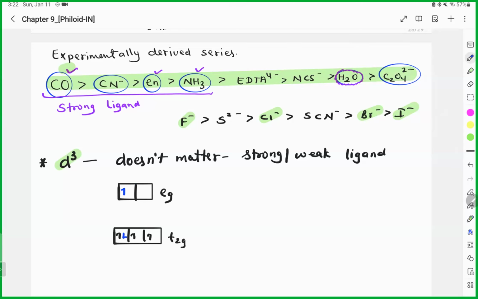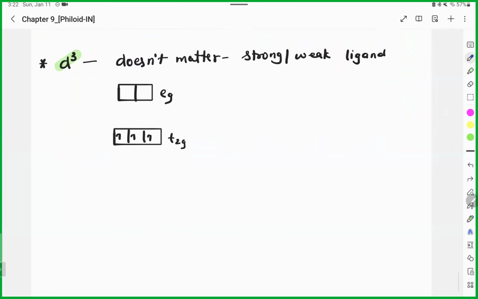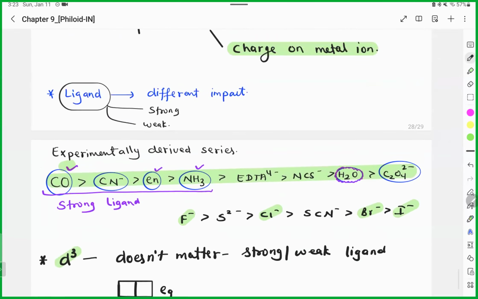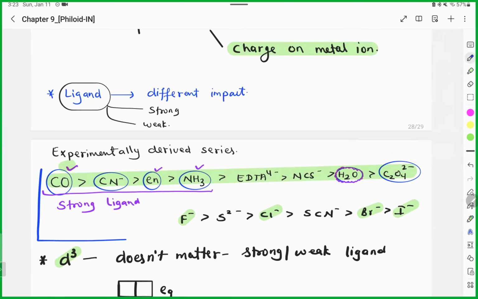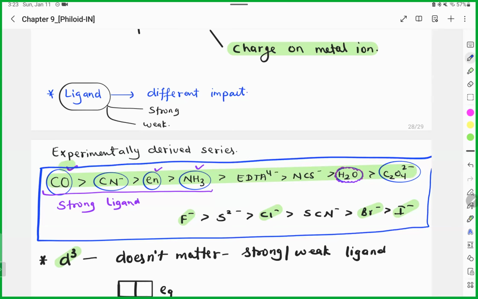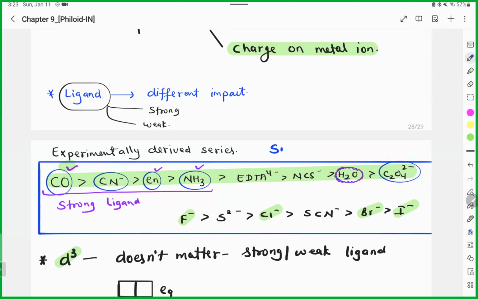To explain this, we introduce the concept of pairing energy. And based on this series, we will decide whether a molecule or atom is a strong ligand or weak ligand. This is known as the spectrochemical series.